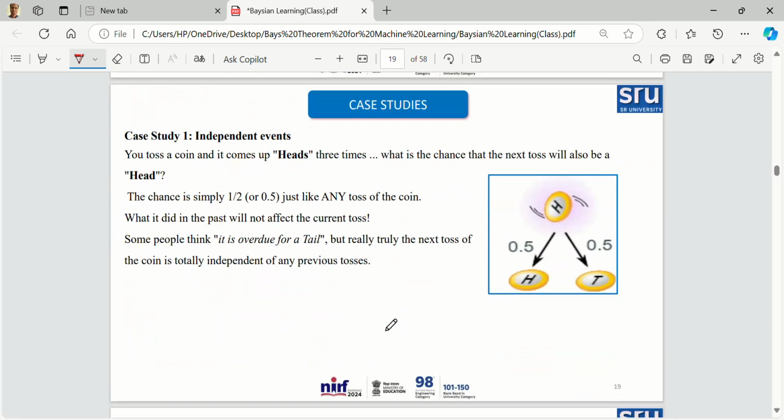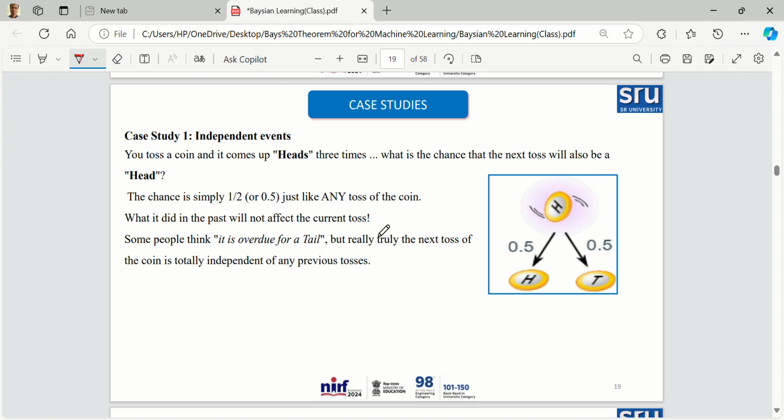Now a case study, the independent events. You toss a coin and it comes up head 3 times. What is the chance that the next toss will be a head? You cannot say otherwise. The chance is simply half, 0.5, just like any toss of the coin. What happened in the past will not affect the current toss.